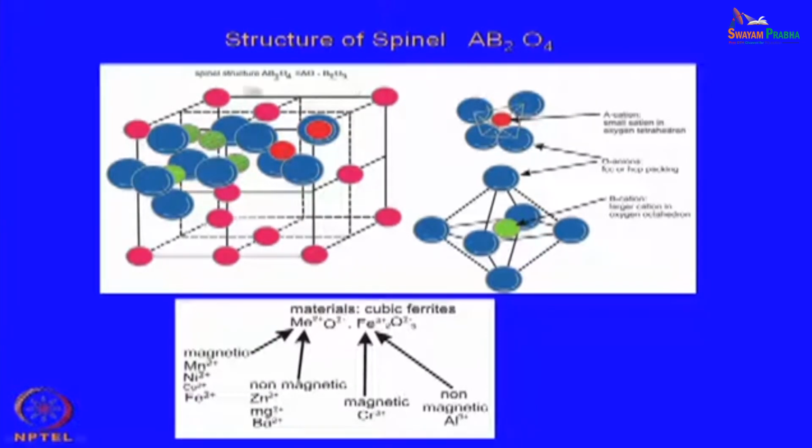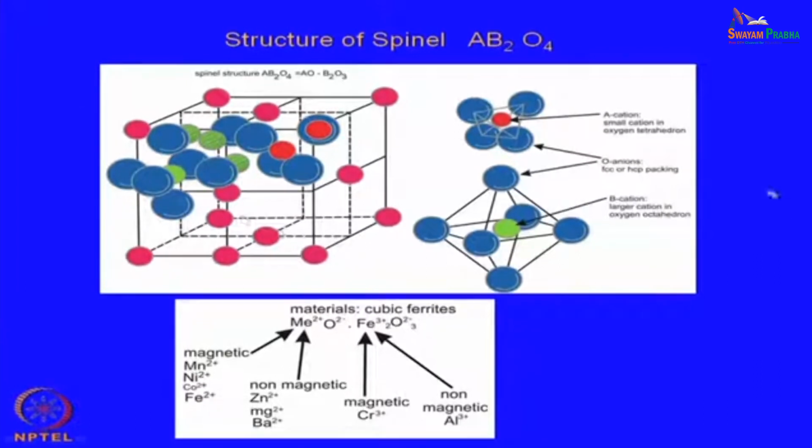Now, this structure looks a little complex, but actually there are 8 units of the cube. If you look carefully, you will find 8 units of the cube. In the spinel structure there are two types of spinel structures available, not one type.